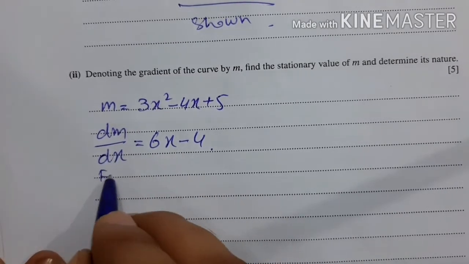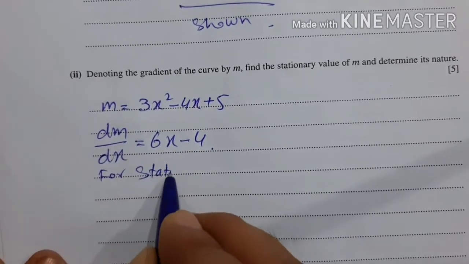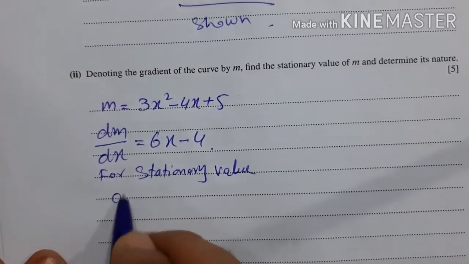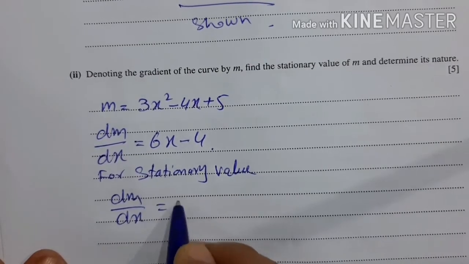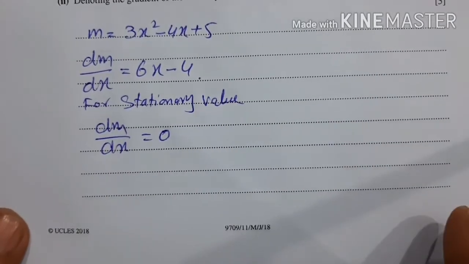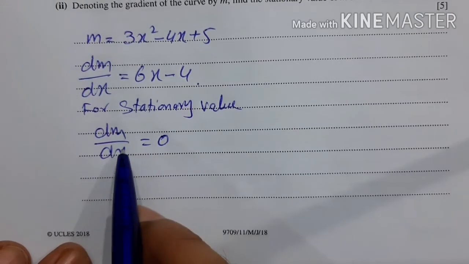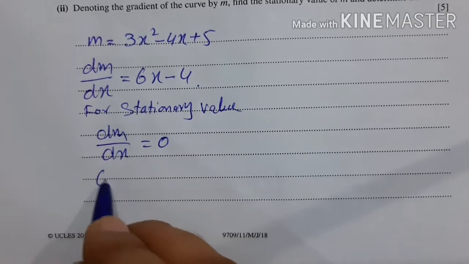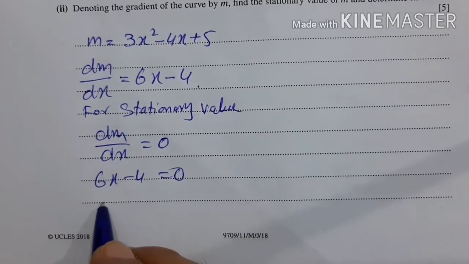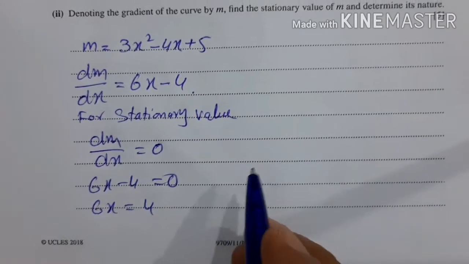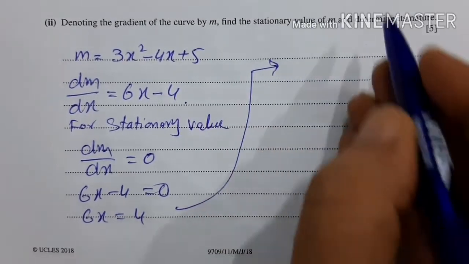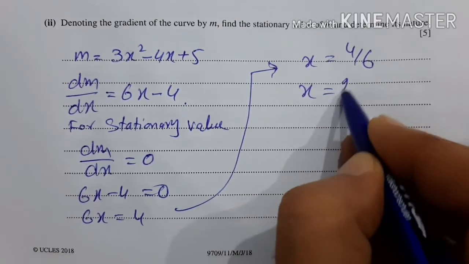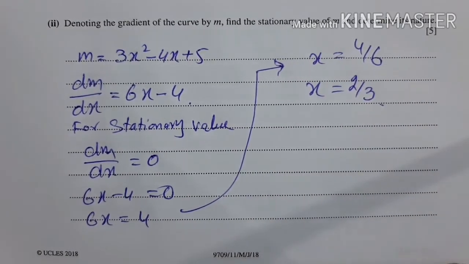So for stationary value, dm by dx should be equal to 0, as I discussed earlier, that the gradient of the curve at stationary value should be 0. Therefore, 6x minus 4 is equal to 0. So 6x is equal to 4. This will become x is equal to 4 by 6, or x is equal to 2 by 3. So this is the value of x.